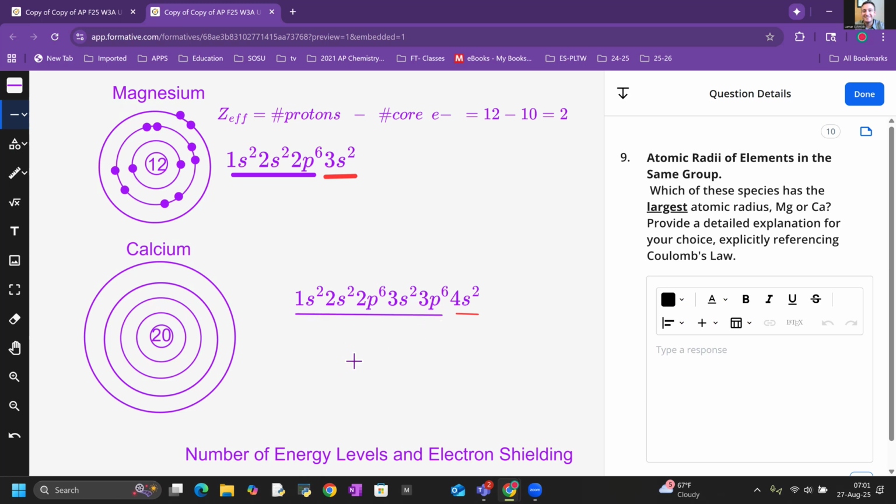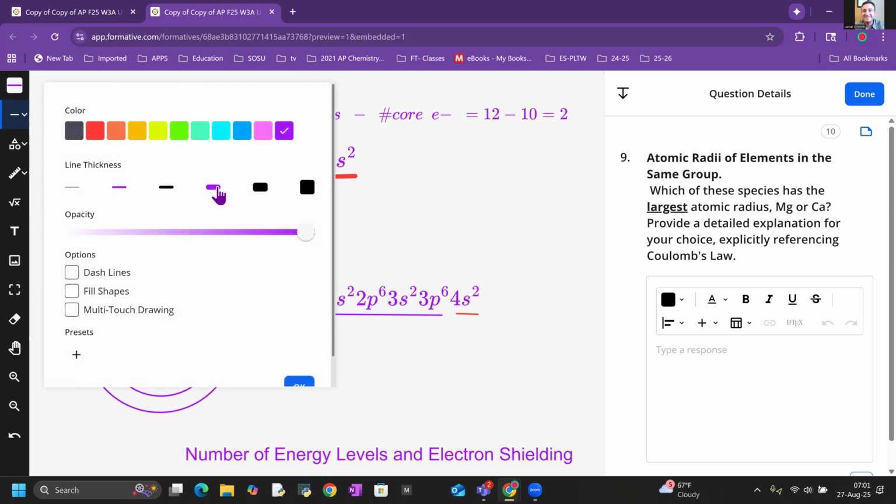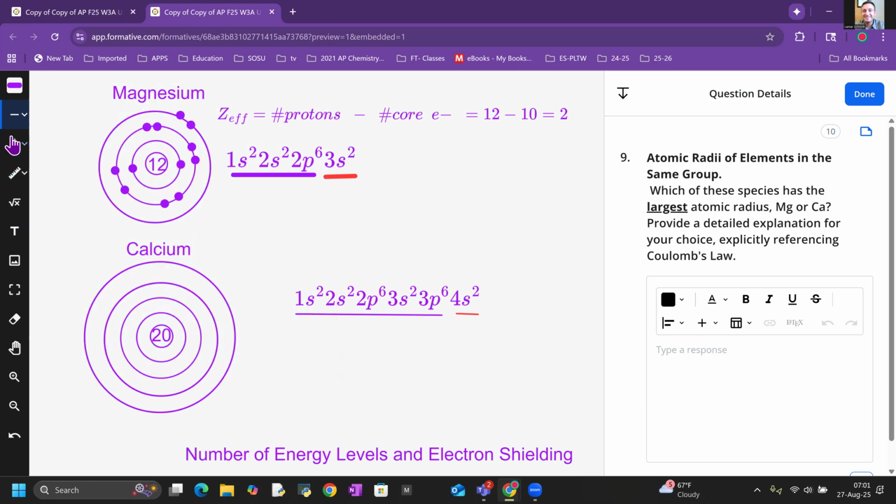So we now know that we have 2 electrons in the first energy level. And so we'll go ahead and draw those in. 1, 2. We have 2 plus 6 in energy level 2. So we'll put those in. 2, 4, 6, 8.